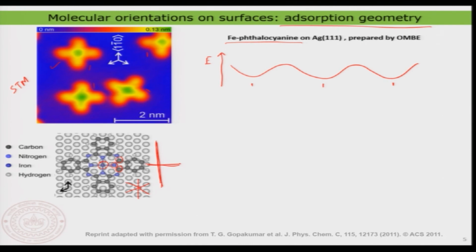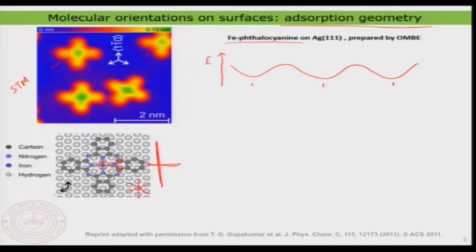But we clearly know that this is not the picture, because this is only possible if an atom is adsorbing on the surface. Since the molecule itself is so large and has to adsorb on a variety of adsorption sites on the surface, it is better to define something like a molecular orientation or adsorption geometry, and depending on different adsorption geometries, you may have not just one minimum, but several minima.